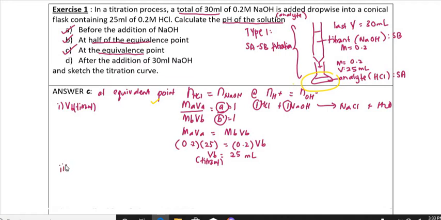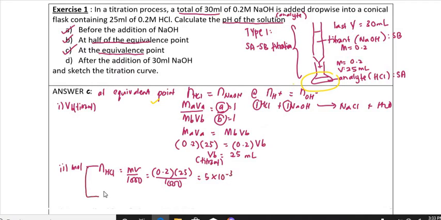The second part, okay, the second step, you have to find the mole. Mole for what? Mole acid. Okay, mole acid MV over 1000 here, which is 0.2, 25 over 1000, you will get 5 exponent negative 3.